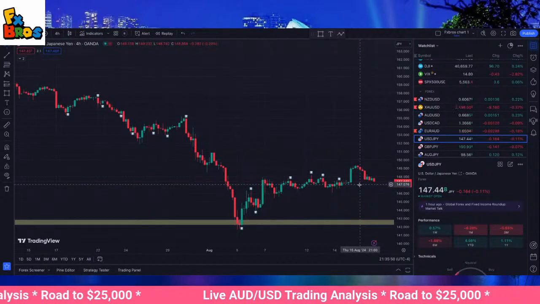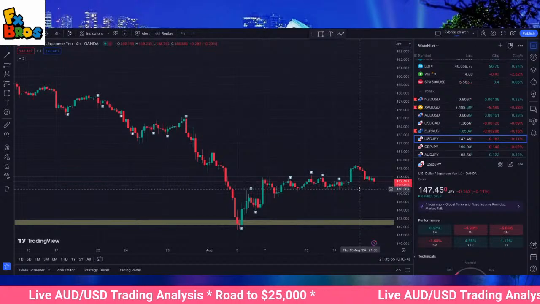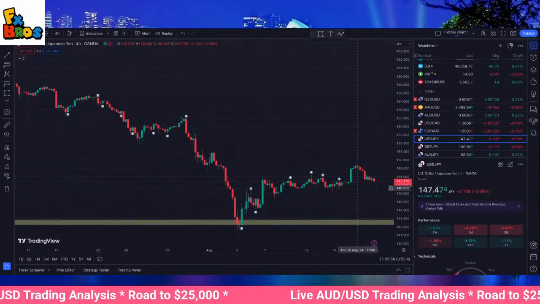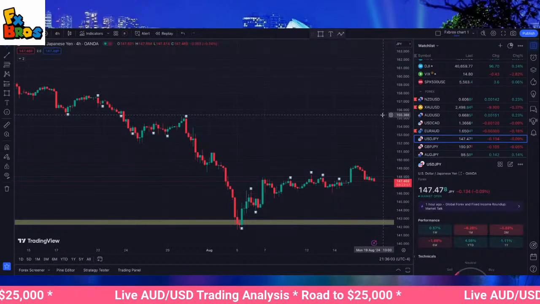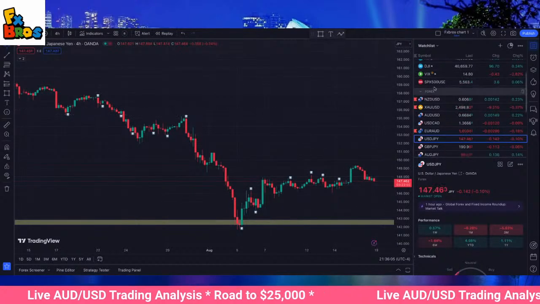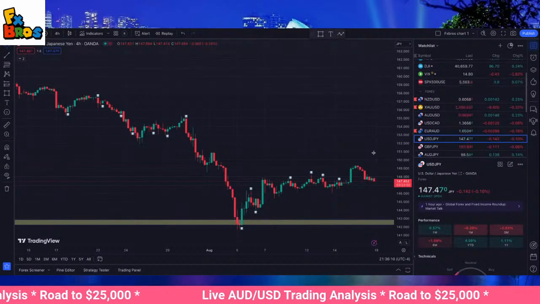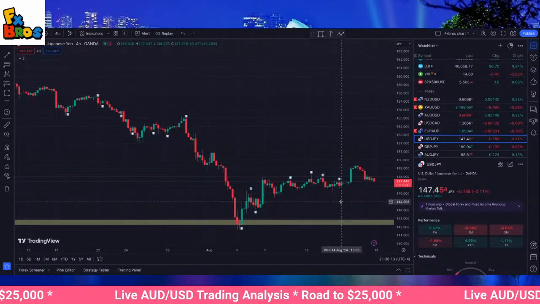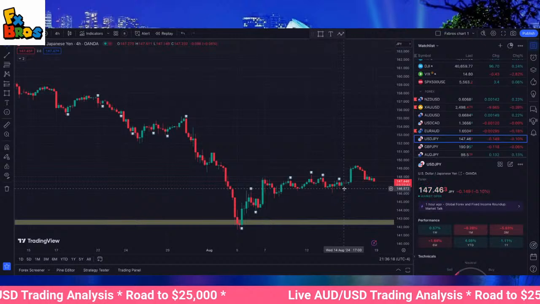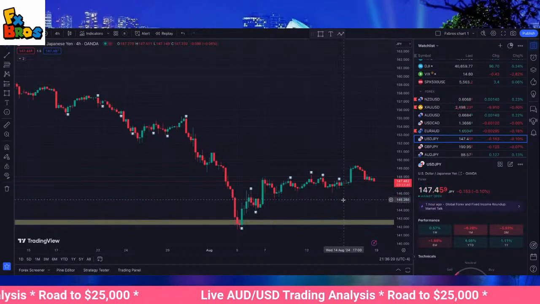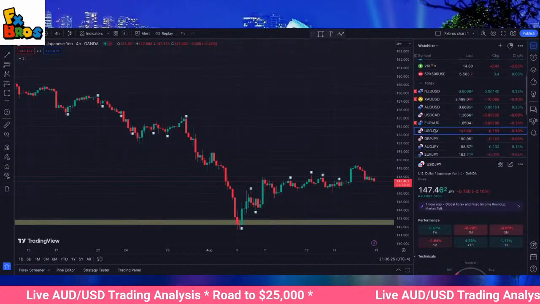I would say, just to be safe, 146.50 is a good area where you might look to possibly set stop losses, because if we're going to come down, you probably could catch a nice little move down, waiting for that setup to go bullish so you can trade both sides. But yeah, that's where we're sitting on that.